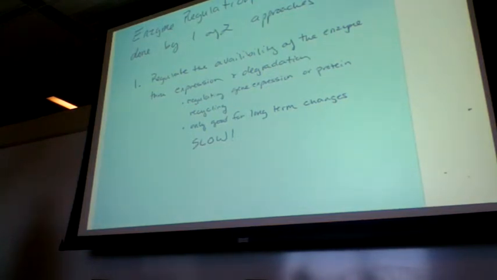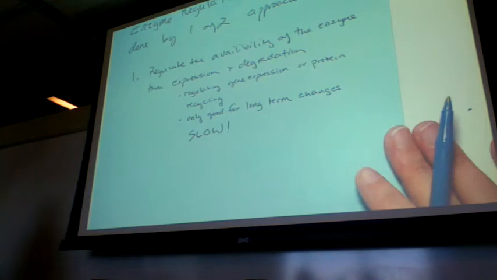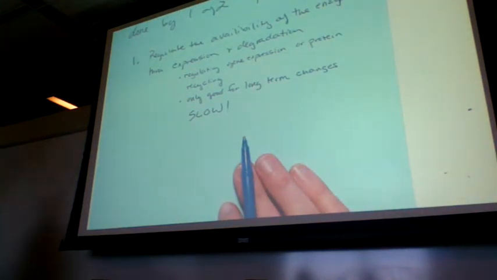It takes a little while for you to upregulate gene expression. It takes a little while for you to degrade the existing enzymes in a cell. And so because it's slow, comparatively, because remember our enzymes that are catalyzing reactions with turnover numbers that are powers of 10 in magnitude, compared to the catalysis that's happening, this is really, really slow. And so because of that, you only want to do it if you need to make a change for the long term.